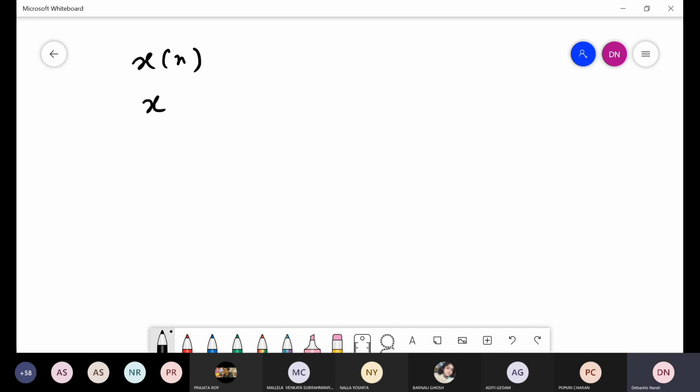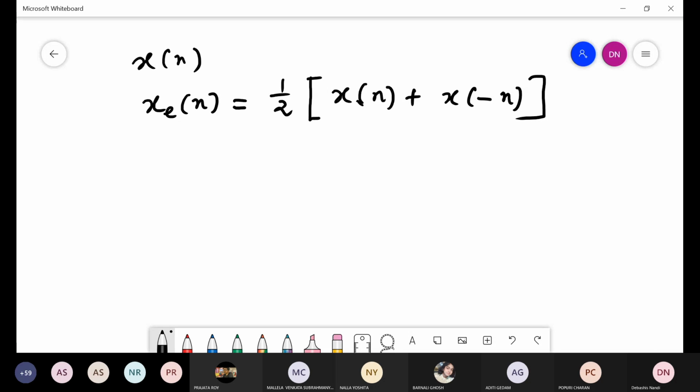Now if you assign the even part xe[n] as half of x[n] plus x[-n], then for an even signal it will be equal to x[n], because x[-n] is equal to x[n]. So half x[n] plus x[n] gives x[n]. So I can write it in this form.